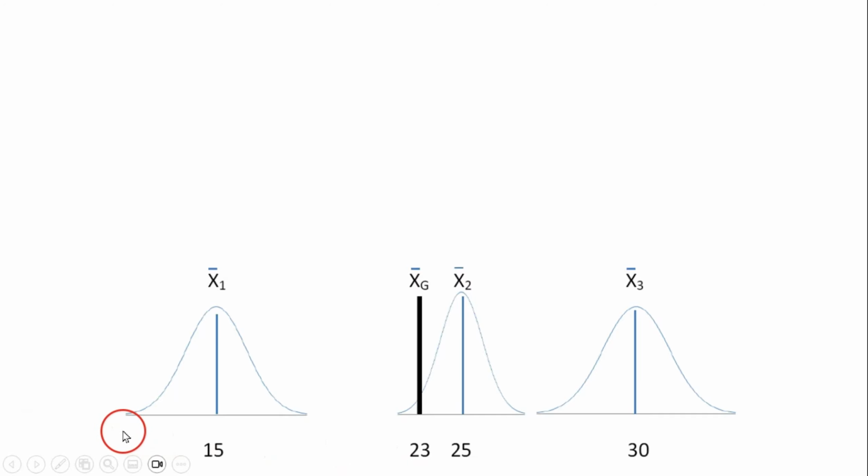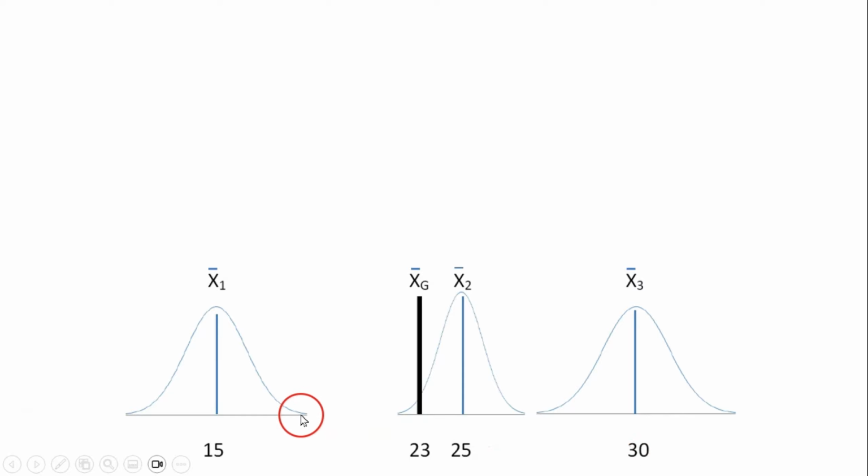I'm showing here a picture of three different groups with three different distributions. There's a group here on the left that has a mean of 15. Then the next group, in the middle, group number 2, would have a mean of 25. And then the last group over here has a mean of 30.